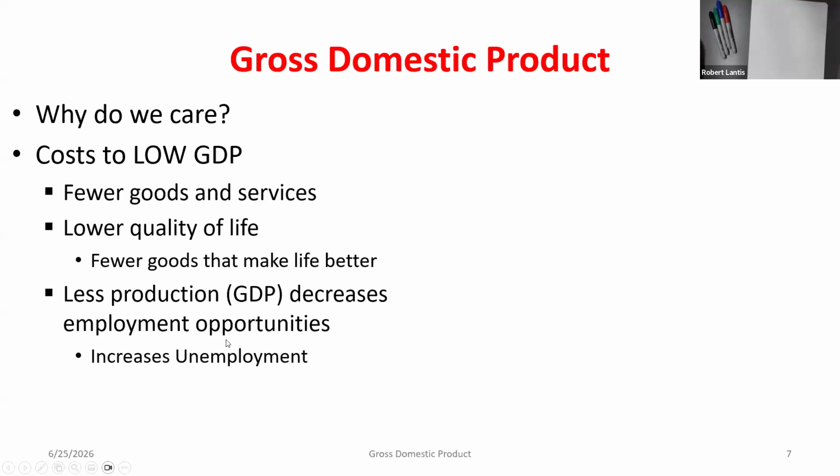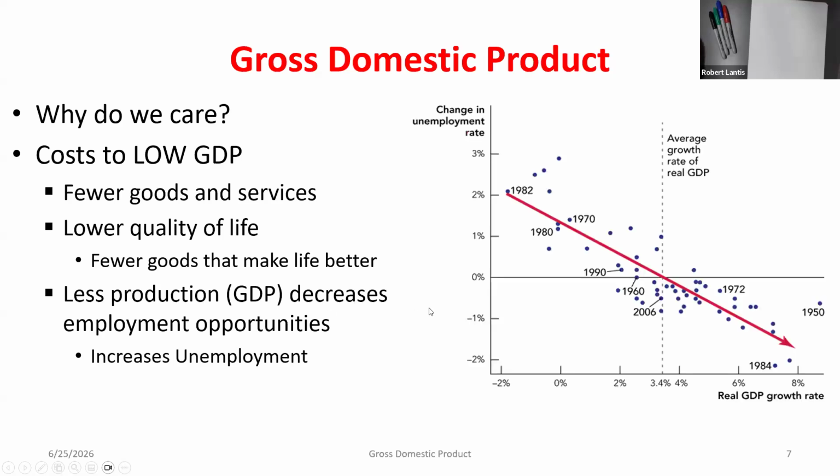So we look at this graph here. I think this was from the Bureau of Economic Analysis. Each one of these points is a time period, showing what the change in the unemployment rate was and what the GDP growth was. When GDP growth is relatively low, the unemployment rate should be higher. Sure enough, when we have low GDP or low growth rates, we see that unemployment increases.